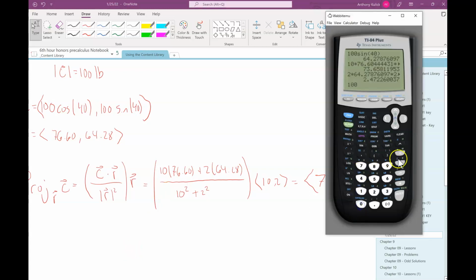Hold on one second. I had to type something wrong into my calculator because I'm a dummy somewhere.